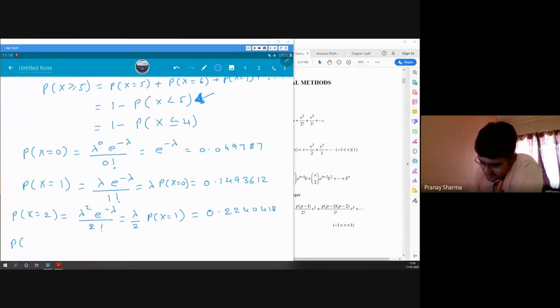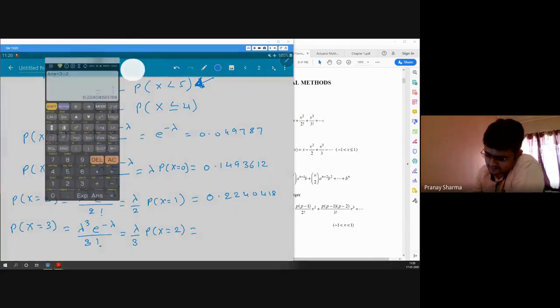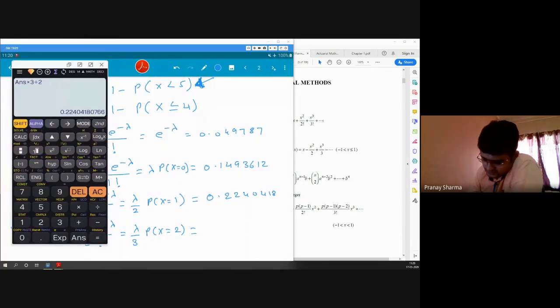And probability X equals 3 will be lambda cubed e raised to minus lambda divided by 3 factorial. So all I did was multiply by another lambda and divide by 3 from my probability X equals 2. Again, multiplying by 3 and dividing by 3 will give me exactly the same value.